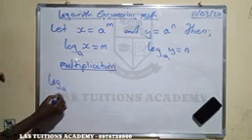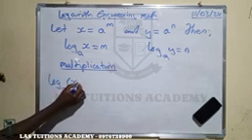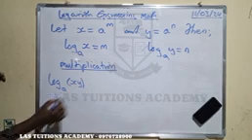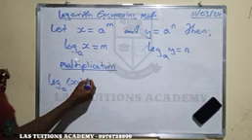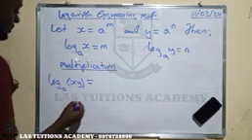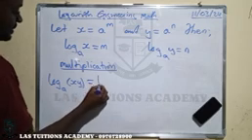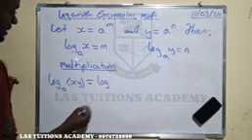So when you are multiplying logs, let's say for instance we have log to base a of x times y, xy. So this is going to become, equal to, log base a.